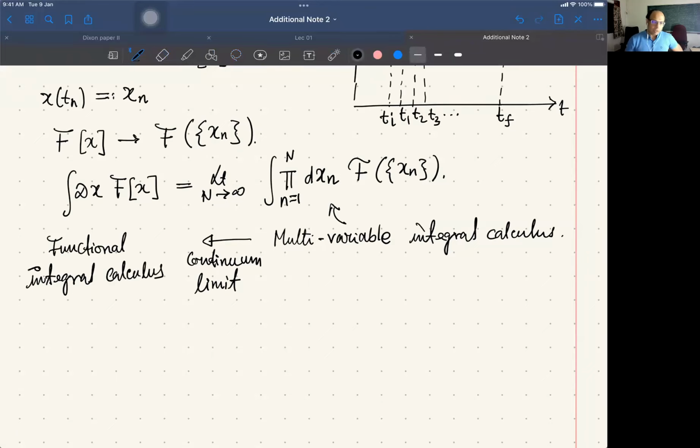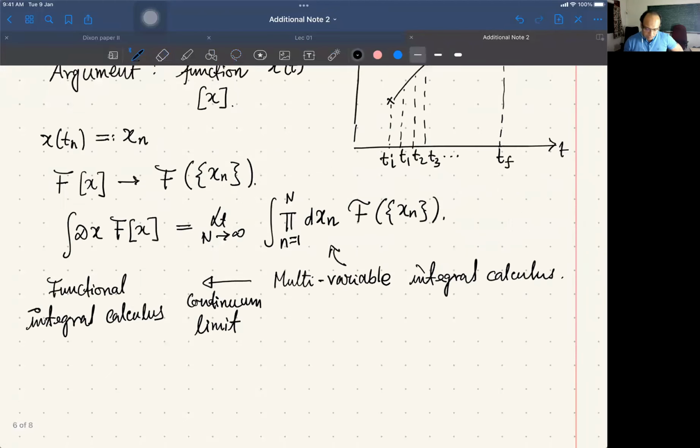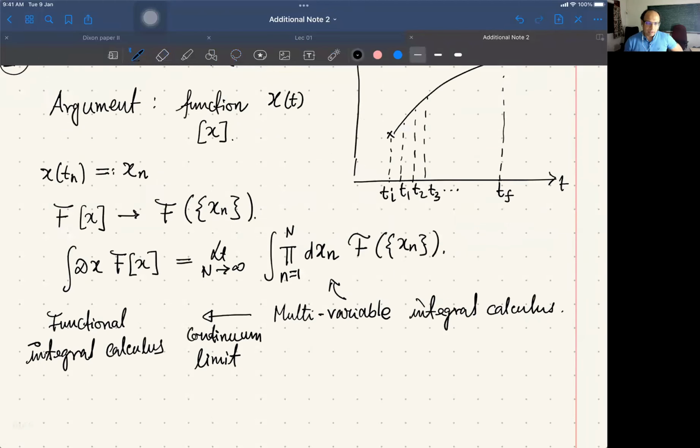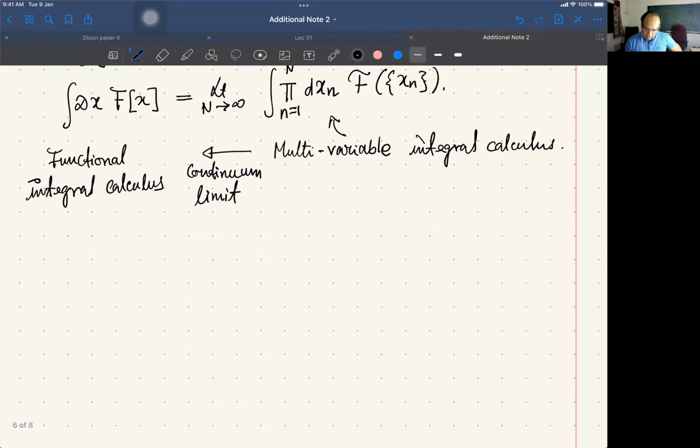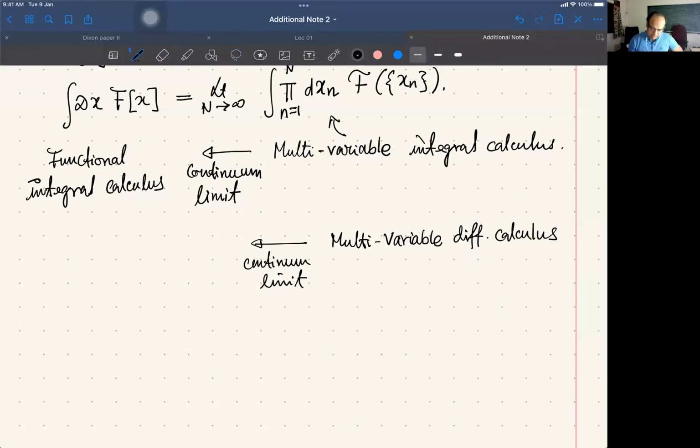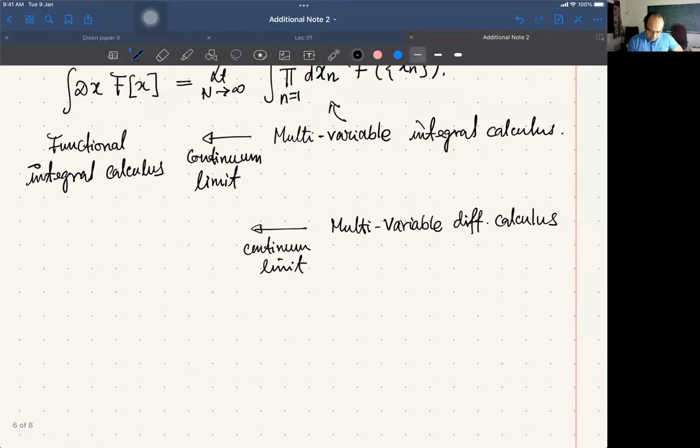We will take the same approach for the functional differential calculus, where we do multivariable differential calculus and some type of continuum limit. We'll see what exactly that is, and we will come to the functional differential calculus. That is the approach, right?